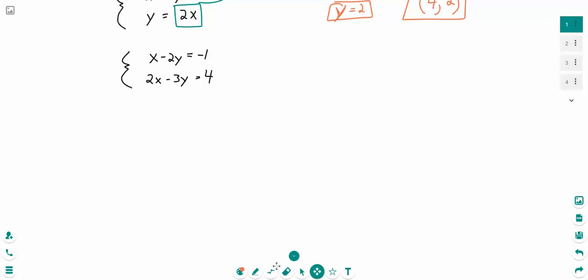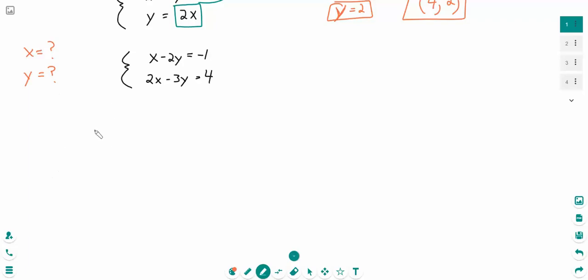And the answer is it's very simple. We're going to do the same thing we've always done, but there's going to be one additional step. And that is we first need to rearrange one of these equations so that it is in the form of x equals something or y equals something. Okay?